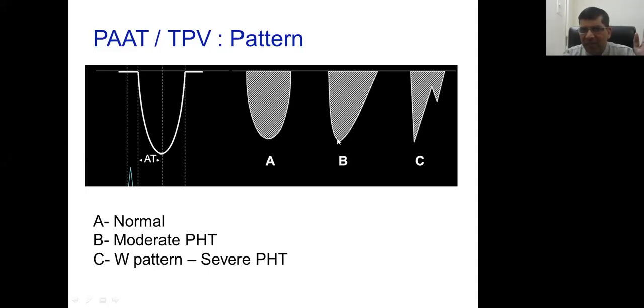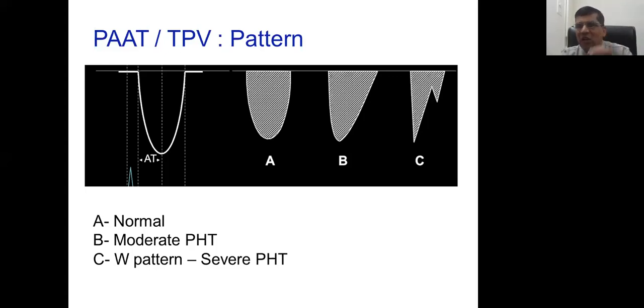There is a sharp rise in acceleration, or it becomes a W. When it is sharp, it is called moderate pulmonary hypertension. When it is a W, it is called severe pulmonary hypertension. So dear friends, remember these statements: by this method, you can say this could be moderate, this could be severe pulmonary hypertension.